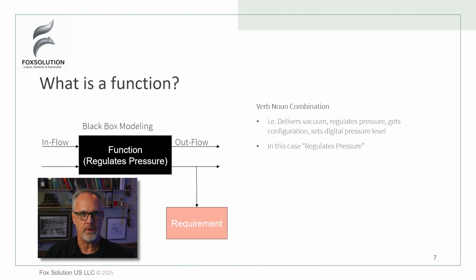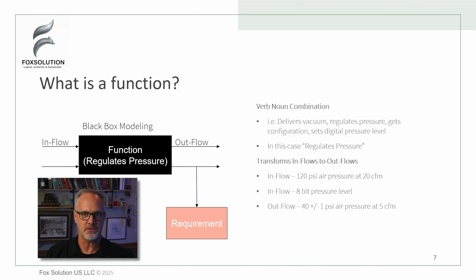In this case, we have this regulates pressure function. So we then have the transformation, and maybe the inflow to this function is 120 psi line pressure at 20 CFM. So we have an inflow, and that inflow also is paired with a control inflow. So maybe we have an 8-bit pressure level that is being communicated into the function as well. Now, this outflow then might be regulated down to something like 40 psi plus or minus 1 psi.